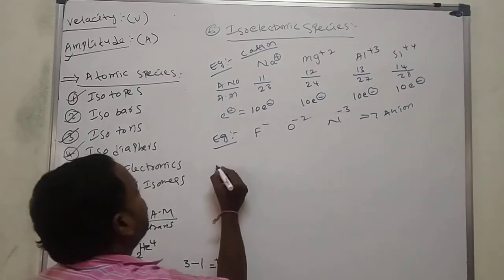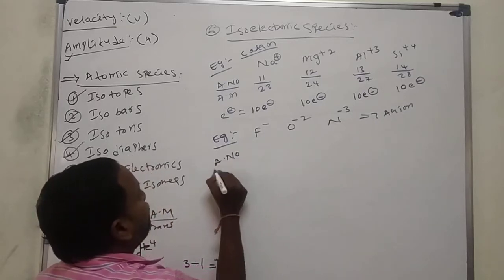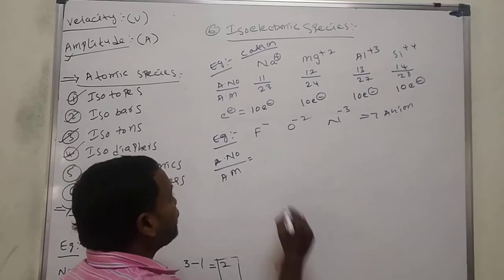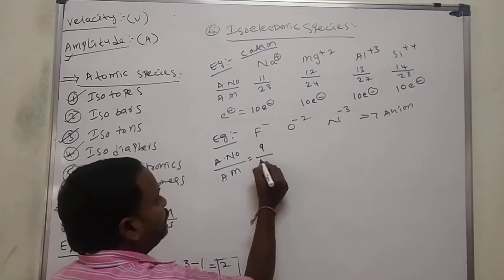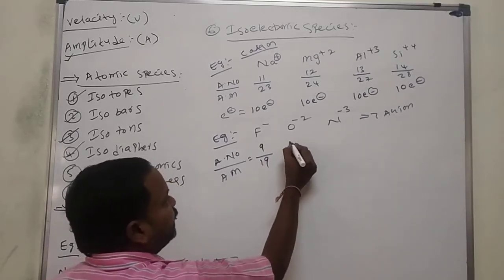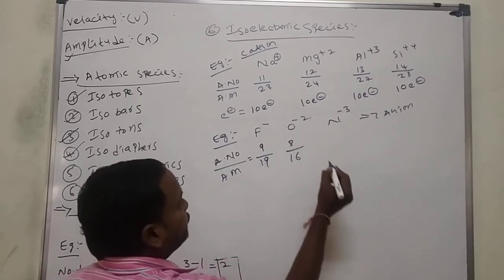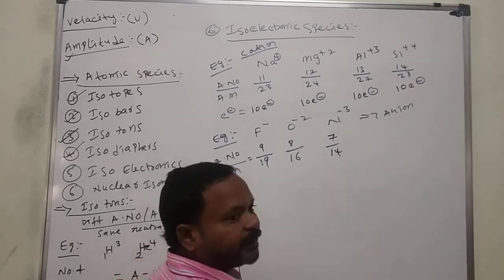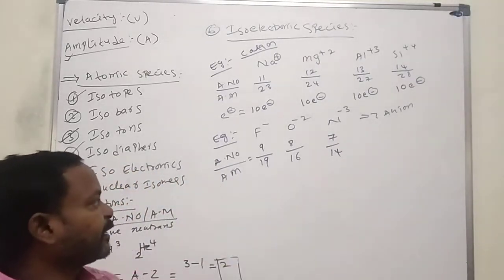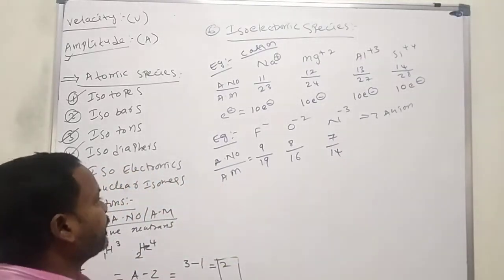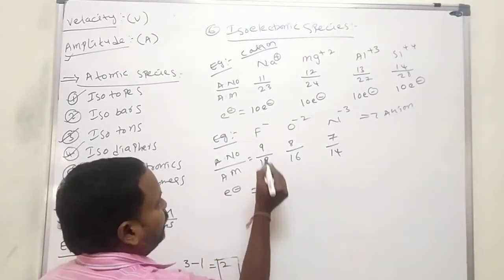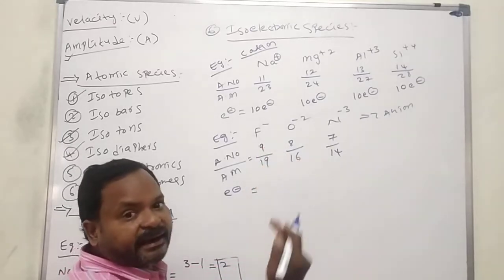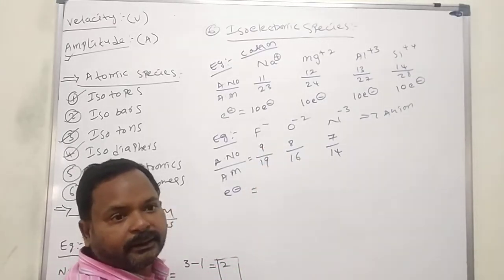See here, the atomic number of fluorine is 9, atomic mass is 19. Oxygen is 8 and 16. Nitrogen is 7 and 14. These have different atomic masses, different atomic numbers, but the same number of electrons. How many electrons are present in fluorine? 9. We added 1 electron, 9 plus 1, 10.